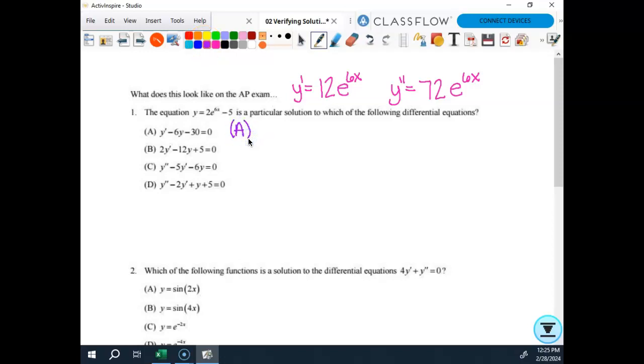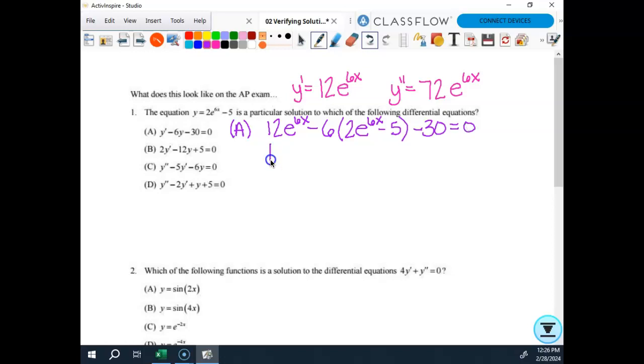So y prime, which is 12e to the 6x minus 6 times y, which is 2e to the 6x minus 5 minus 30 equals 0. And we want to see if this works, right?